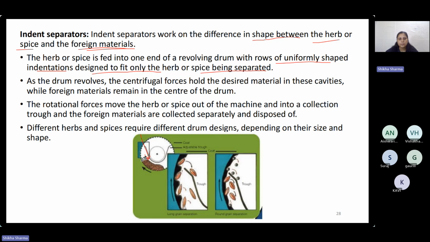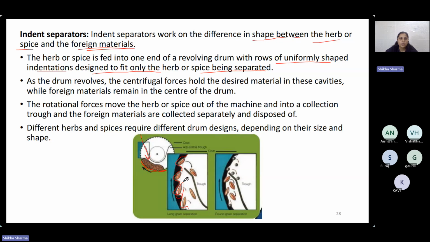So here, this revolving drum, this rotating drum, if we see in the zoomed image, they have these indentations, right? These are of the shape of our food product.